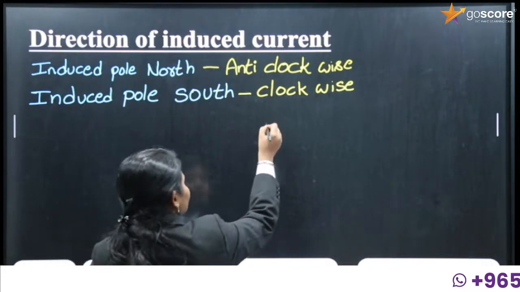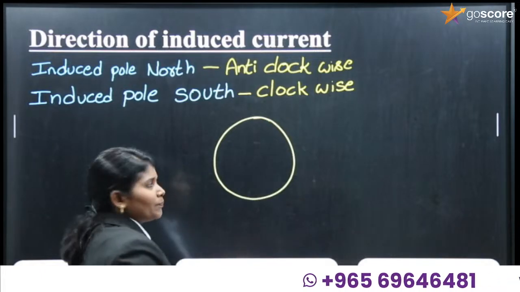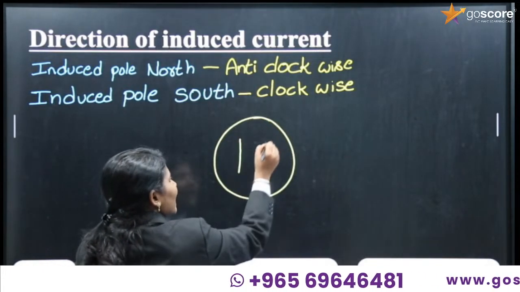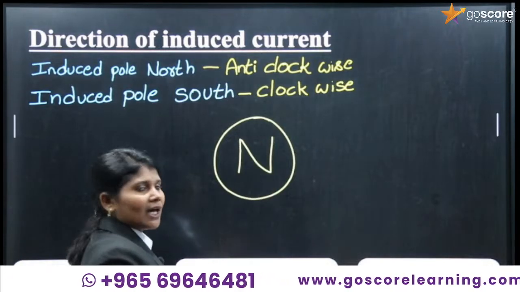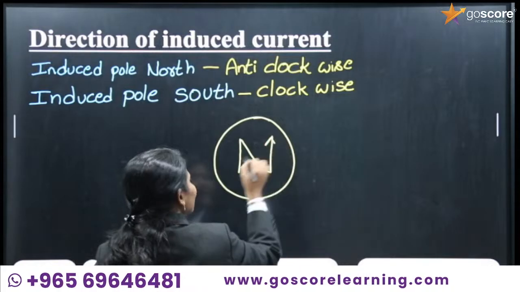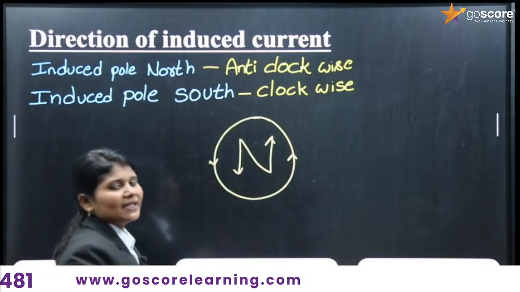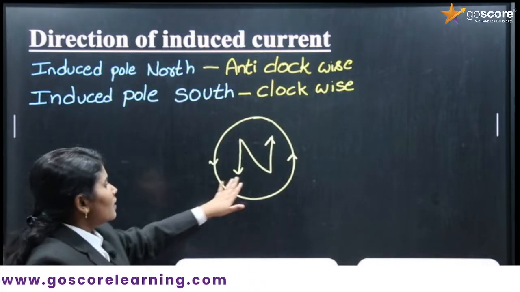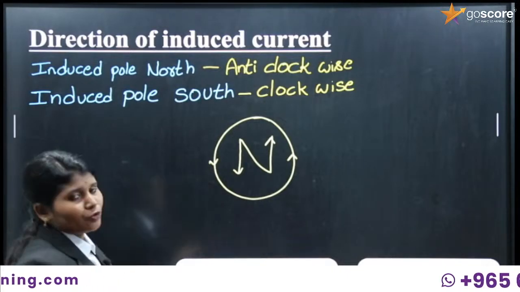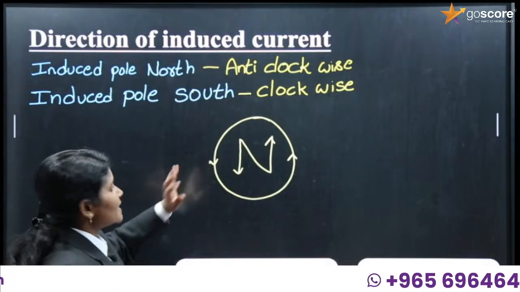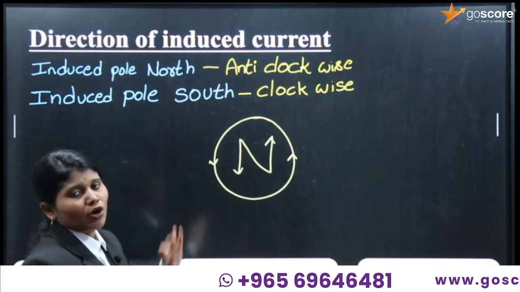In a coil, if the coil has a north pole, then the current direction is anti-clockwise. The induced pole acts as a north pole, then it is producing the current direction anti-clockwise.